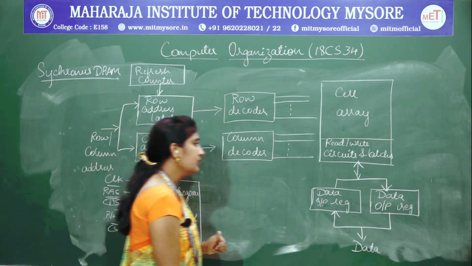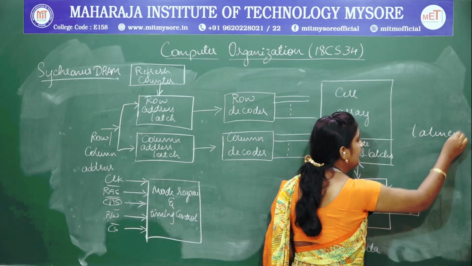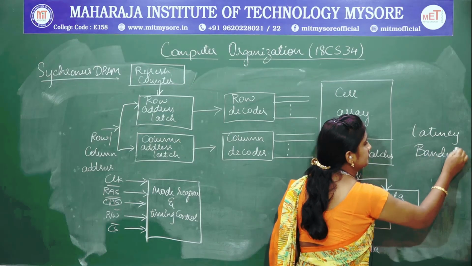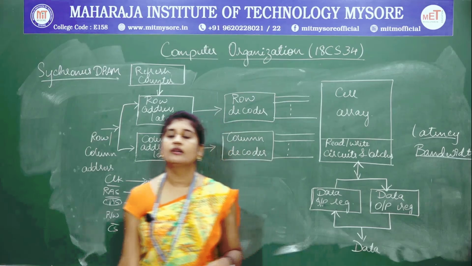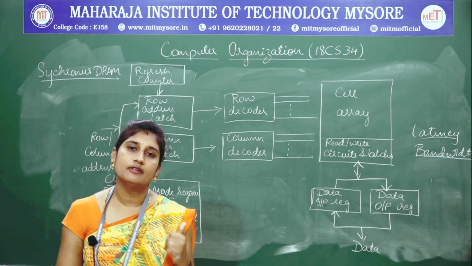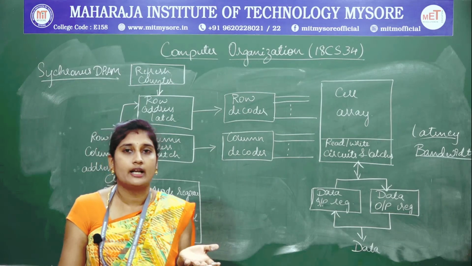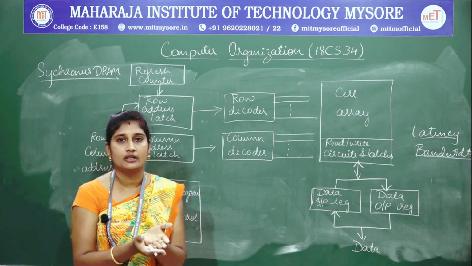So you will be having two definitions in your clock cycles, that is latency and bandwidth. When you are transferring data using the clock, you need to have some measurement or some time intervals.